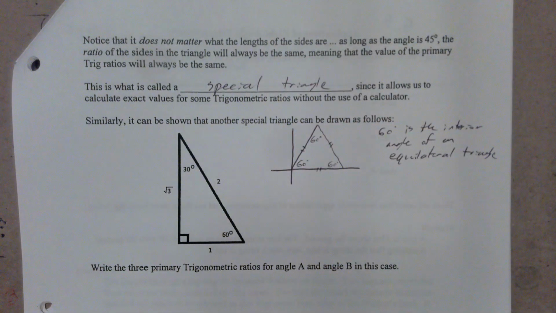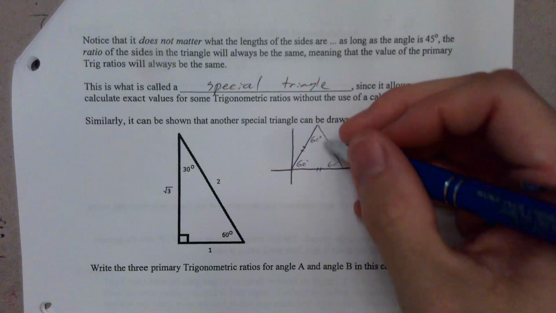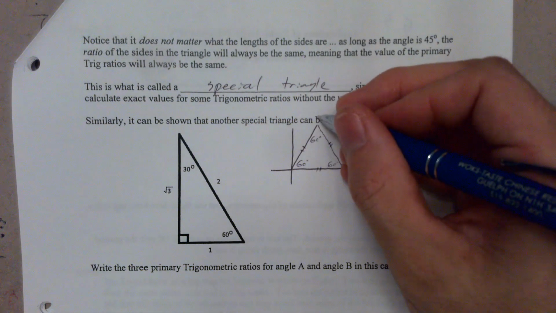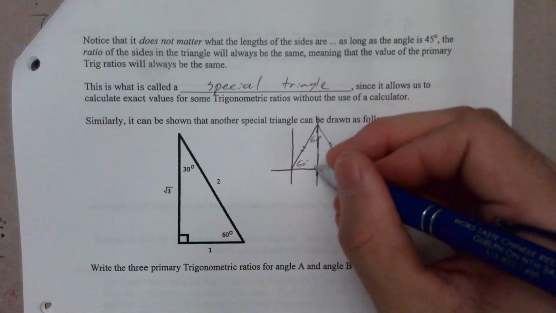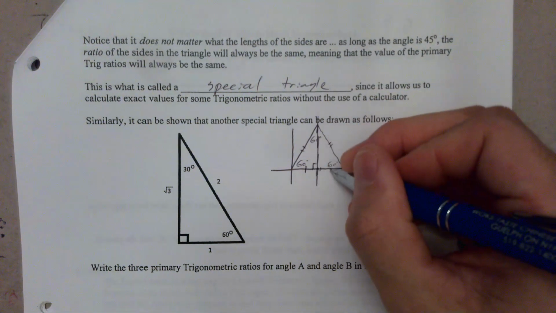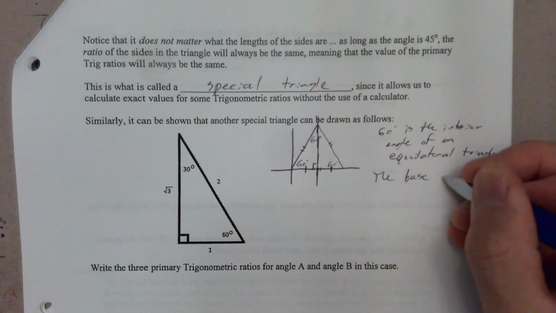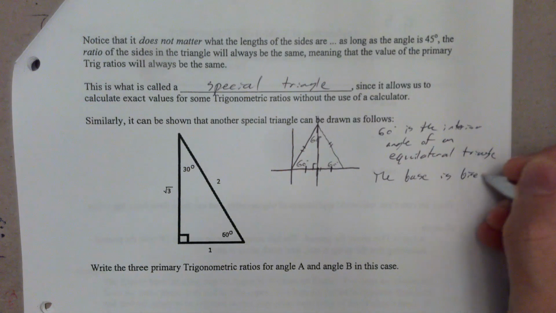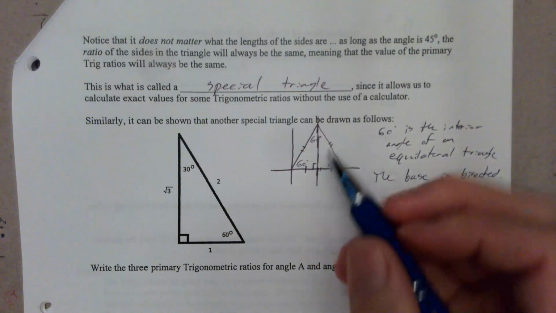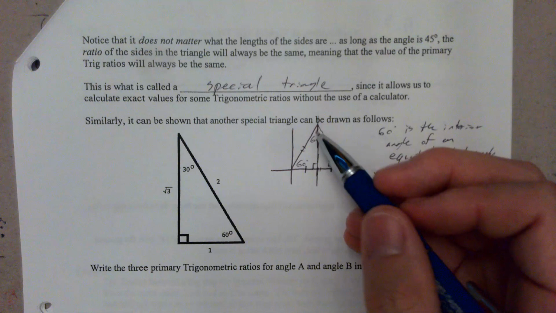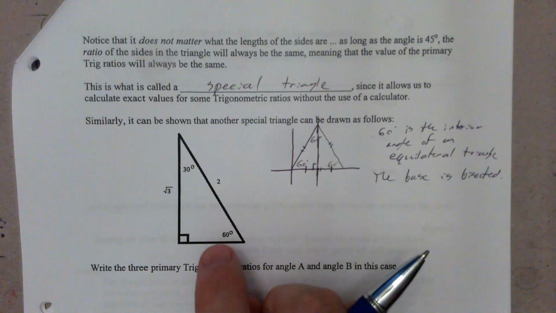Okay. Now, if I want to use XYR definitions or SOHCAHTOA, notice that this triangle has been cut in half. And when I cut it in half, that bisects this side length. The base is bisected. Because the base is bisected, I'm not going to make my original side length of the triangle be an integer like 1.